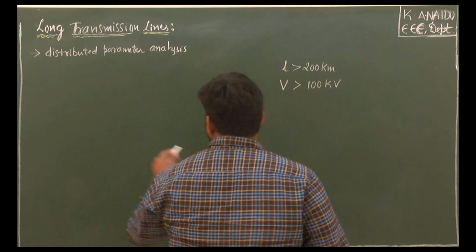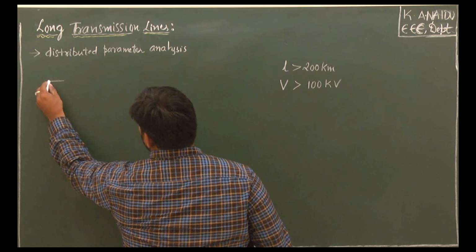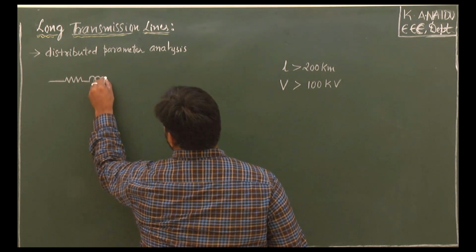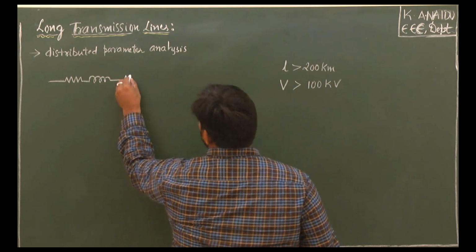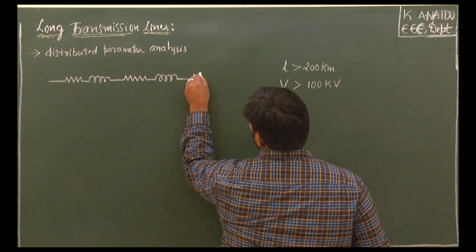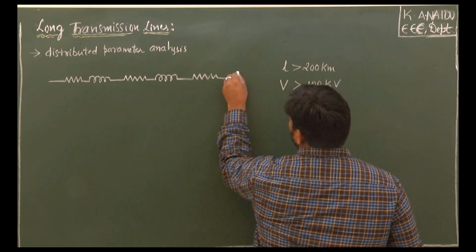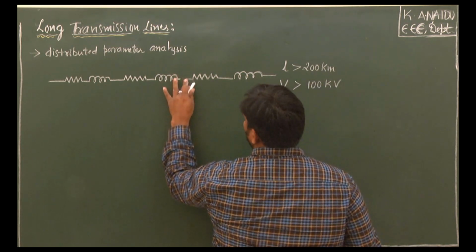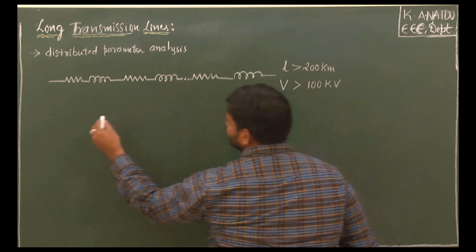So here this is the equivalent circuit. You have the series parameters, resistance and inductance, which is Z, distributed along the length of the line throughout the transmission line.